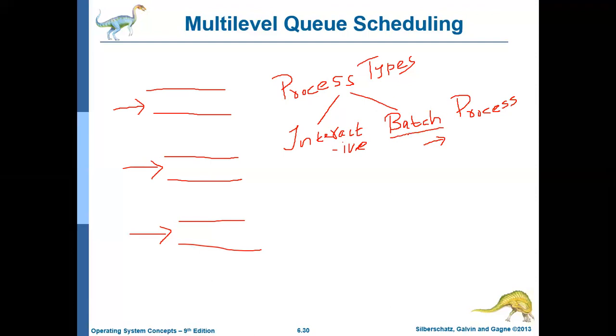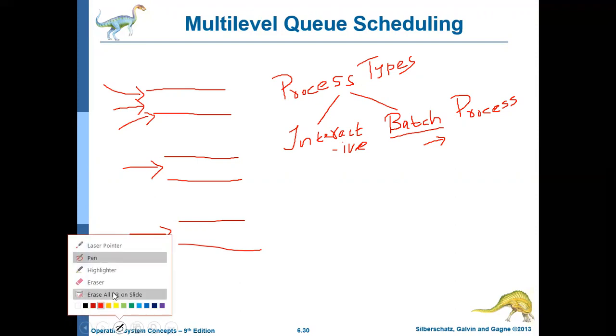So what the operating system can do is, whenever an interactive process comes, it may put it in one queue, and whenever a batch process comes, it may put it in some other queue. This is how it works.